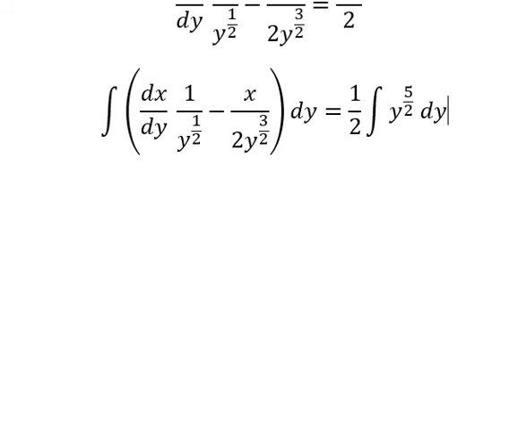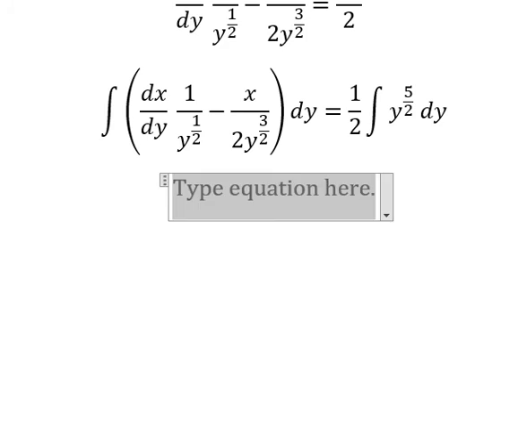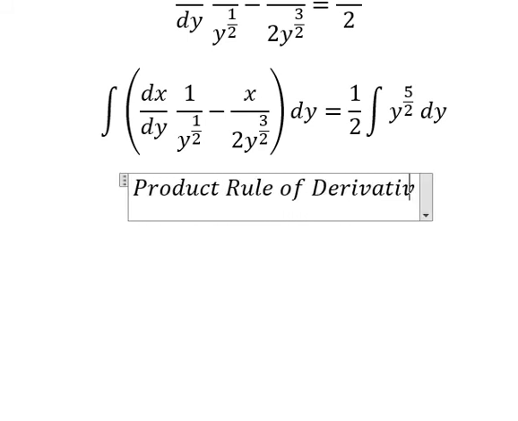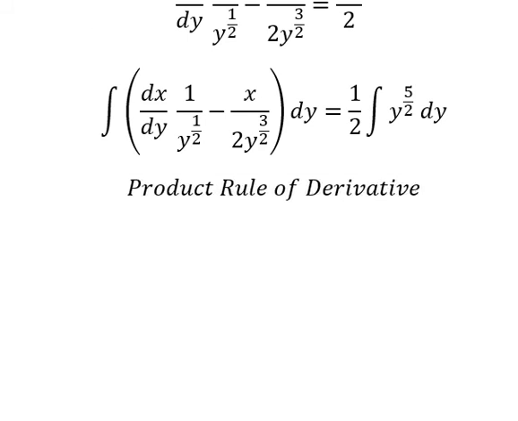Now, we can apply the product rule of derivative. So we know that the first derivative of y equals the first derivative of a multiplied by b plus the first derivative of b multiplied by a.